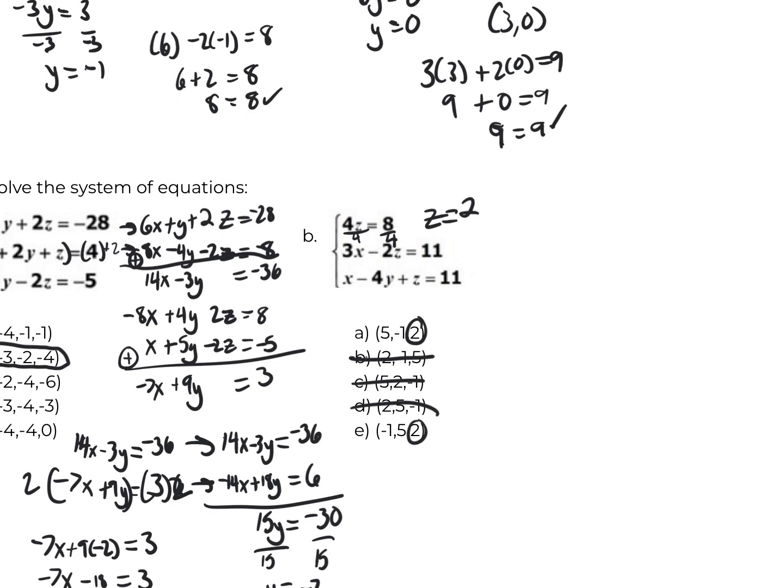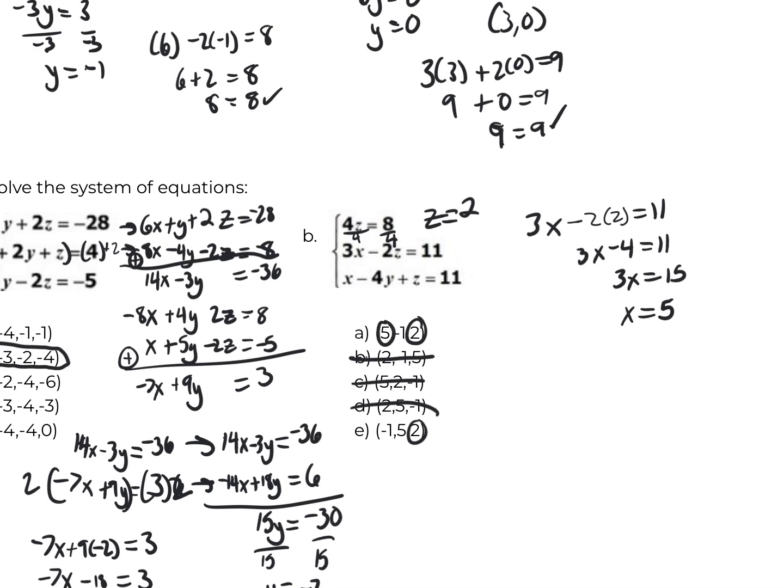Plugging into the third equation isn't going to help super much, but plugging into that second equation would help quite a bit, because then I could do 3x minus 2 times 2 equals 11. Well, negative 2 times 2 is negative 4. Add 4 to both sides gives me 3x equals 15. Divide both sides by 3, and I get that x is 5. Well, that means that it's got to be A.